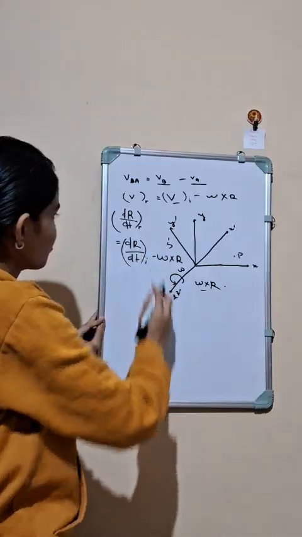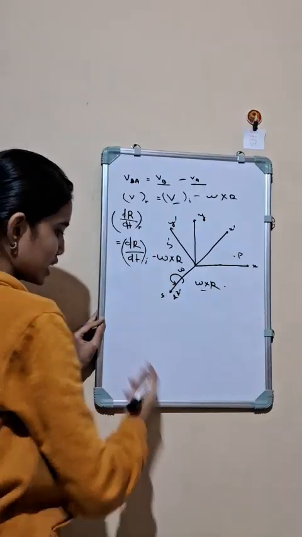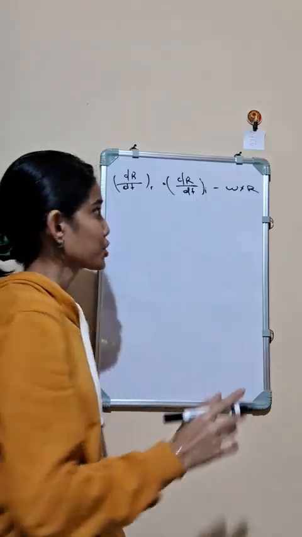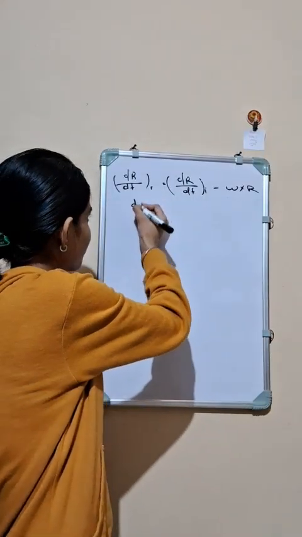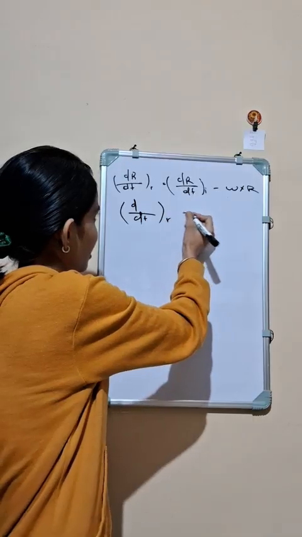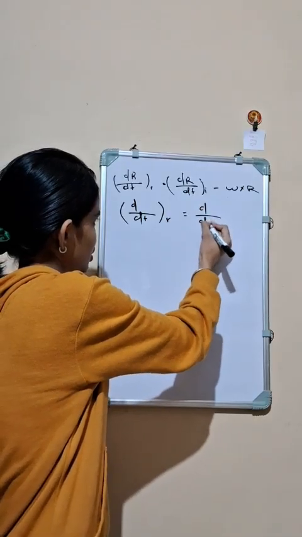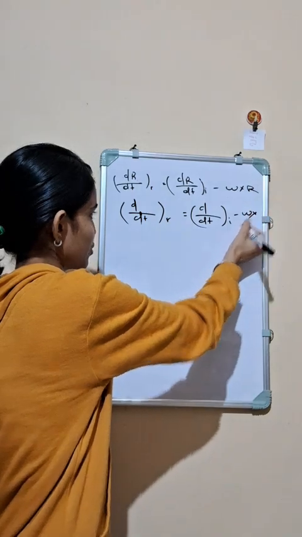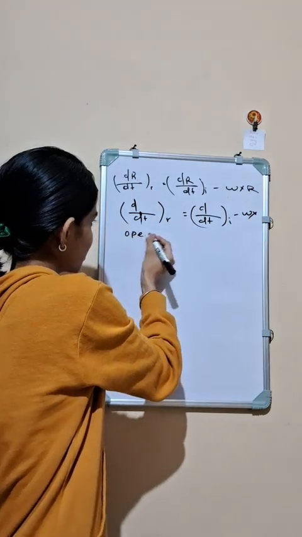So here, let me erase all these things. Here I am going to put a blank space for R and provide you a beautiful equation that is known as the operator equation.